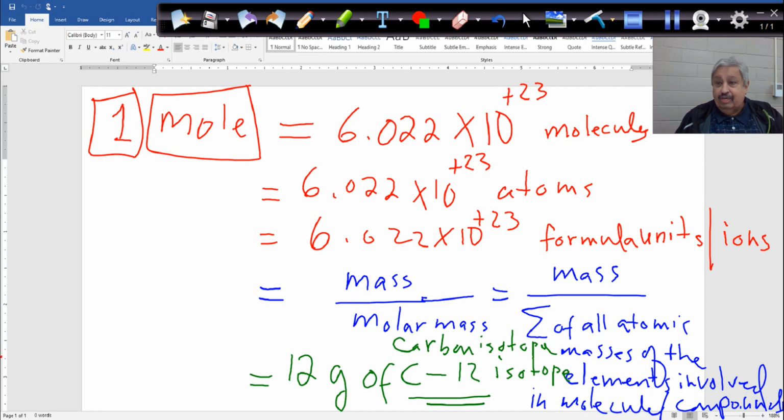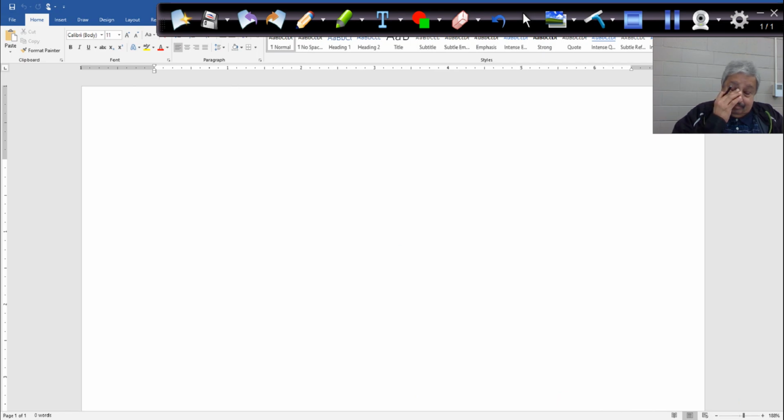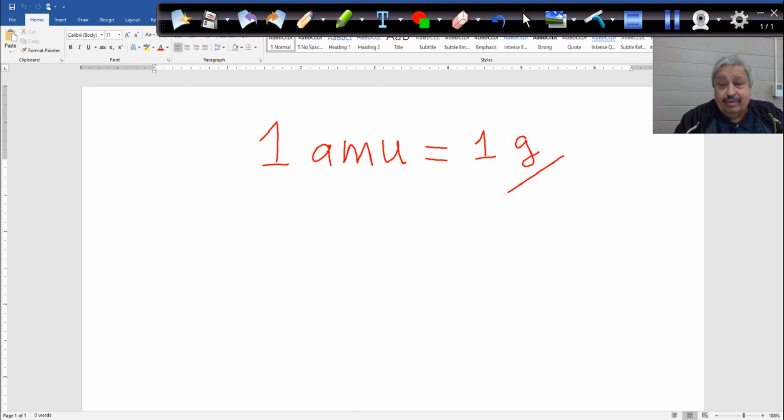So anyway, before we go further, just another definition we have to say. We talked about this before when we came to nuclear chemistry, but I'm just putting this back. 1 AMU is 1 gram per mole.